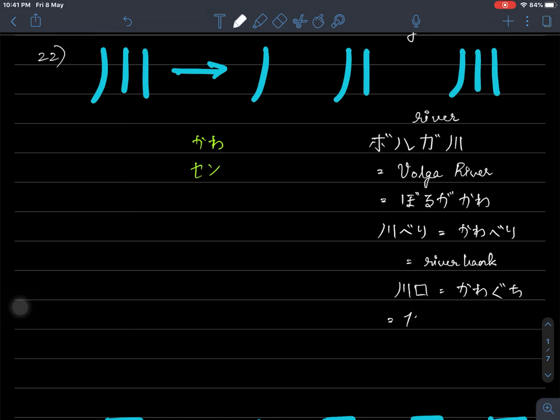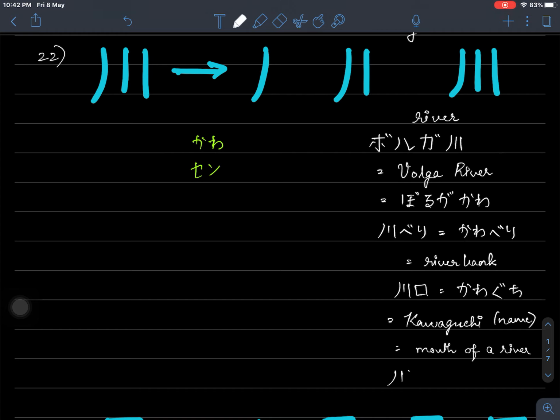Kawaguchi can both be the name Kawaguchi. There is also a lake very close to Mount Fuji by the name of Kawaguchi. So yeah, it's a name, it's a proper noun. It also means mouth of a river. So please keep that in mind.